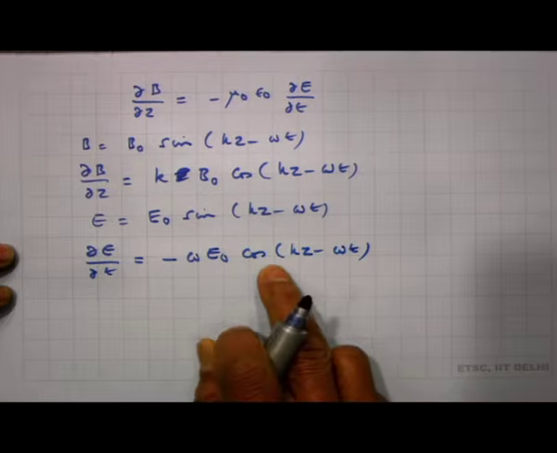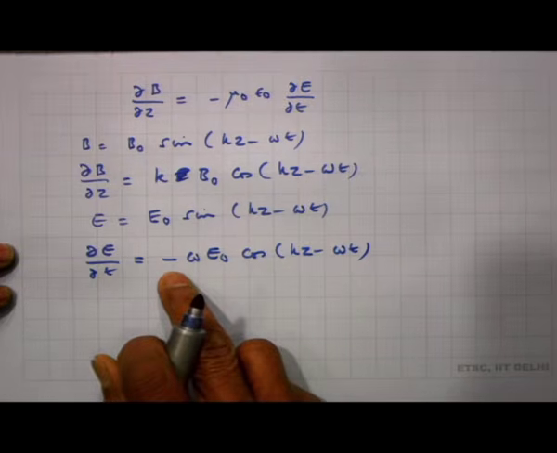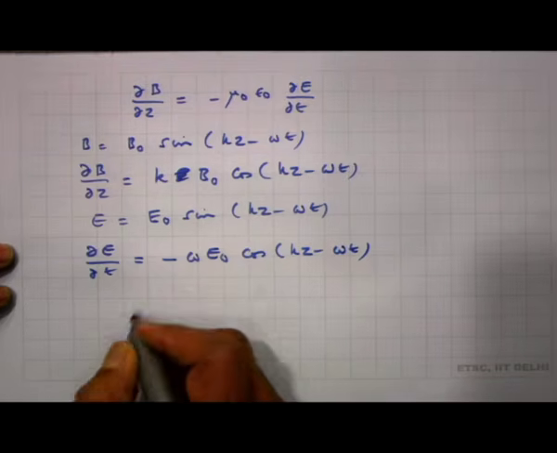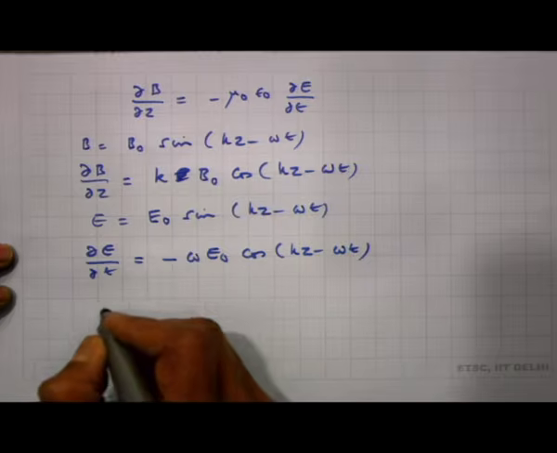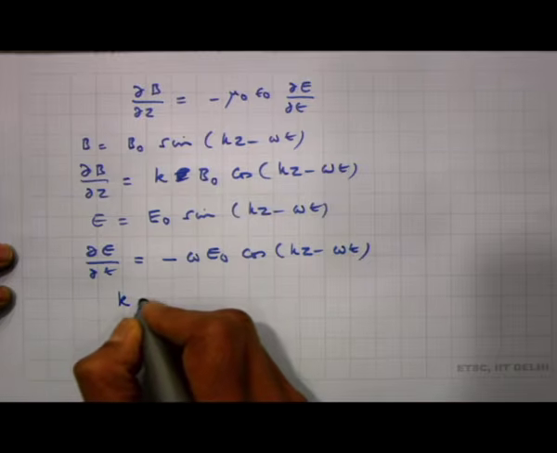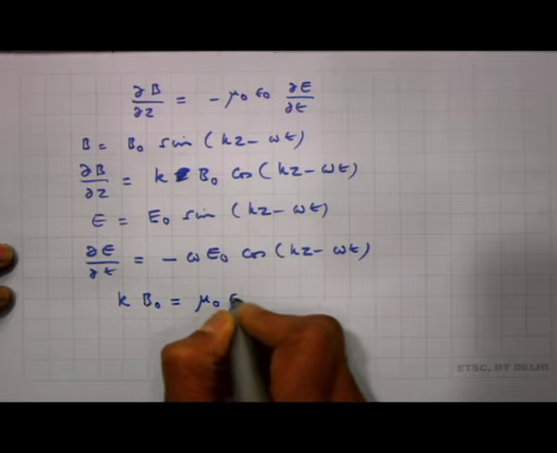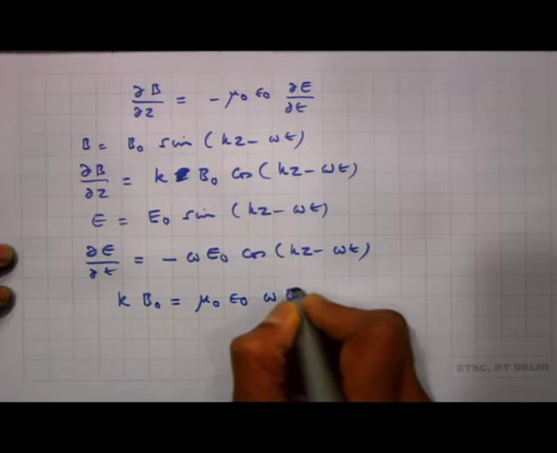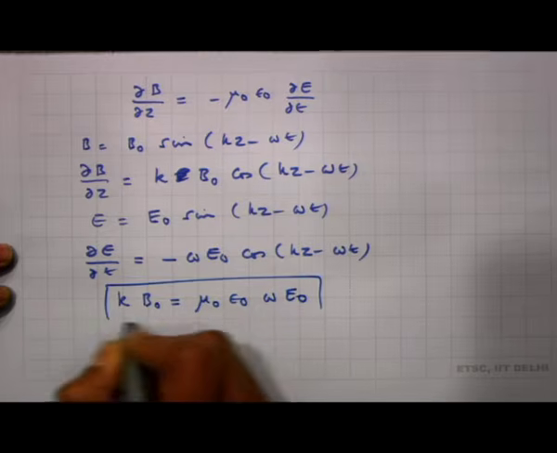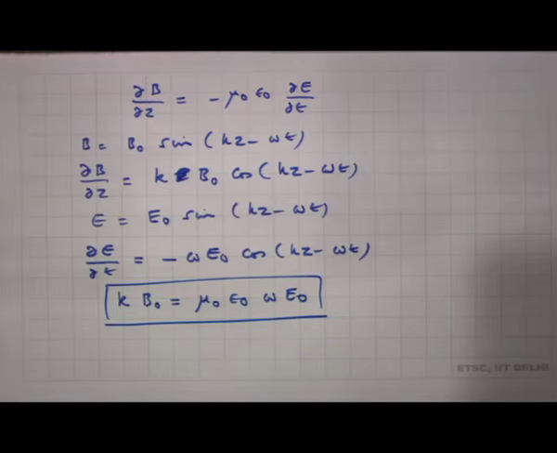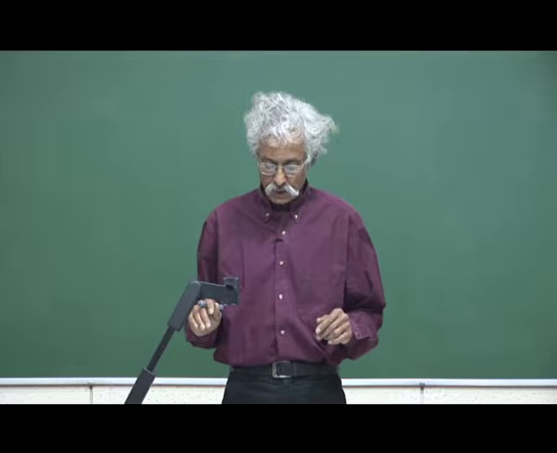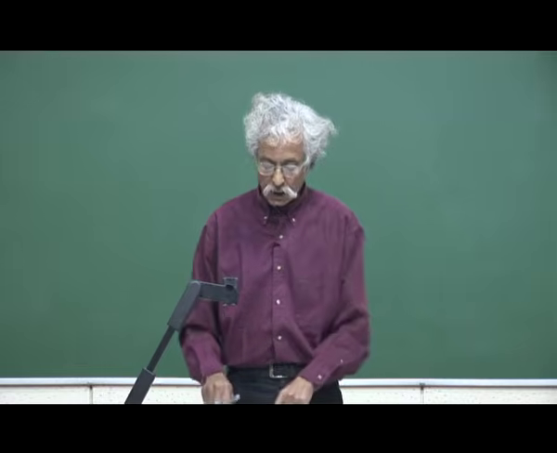The differential of sine is cosine, and because there is a minus sign here, I get a minus here and omega. So, if I substitute this into this equation, I get k times B naught is equal to mu 0 epsilon 0 into omega E naught. So, that is another equation. If the solutions which I have written must satisfy the generalized Ampere's law, then E naught and B naught must satisfy this equation.